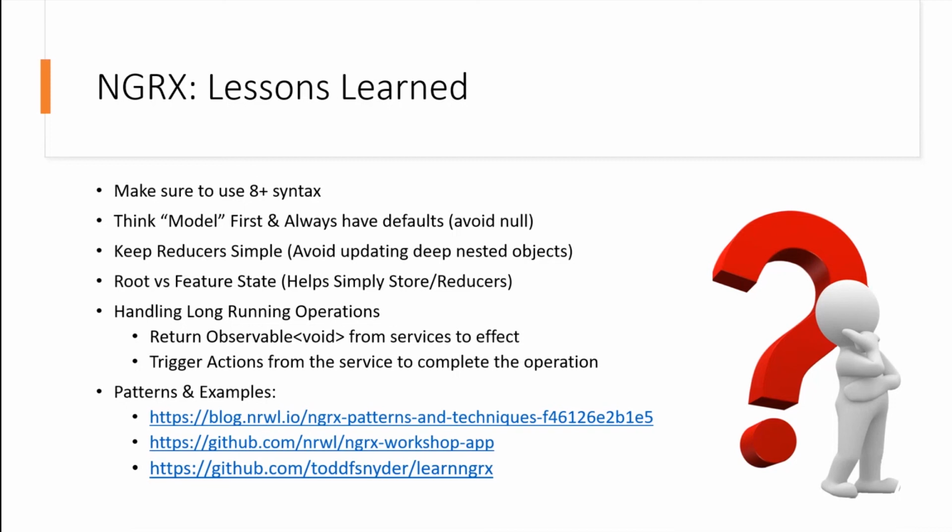Next thing to keep in mind is if you do have to handle long running operations, I found it's best to have the service return a void to the effect, just so you complete the operation. And then later on, when you're done with that long running operation, you would trigger an action yourself from the service that would then trigger off the next step. Just some best practice I found.